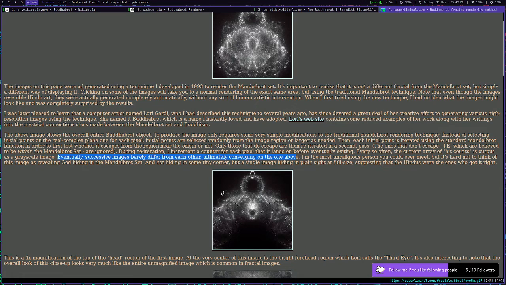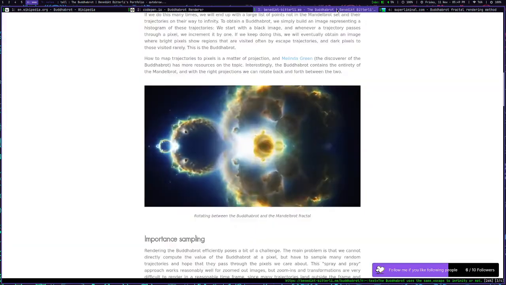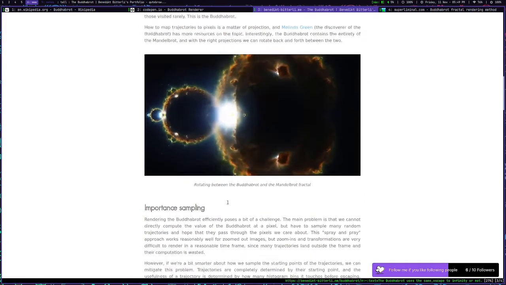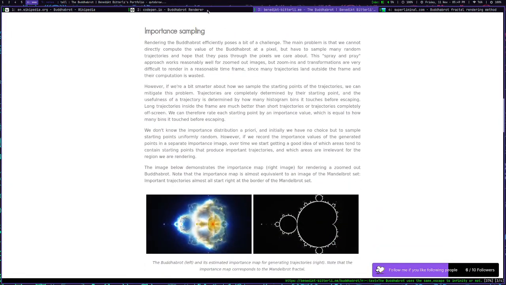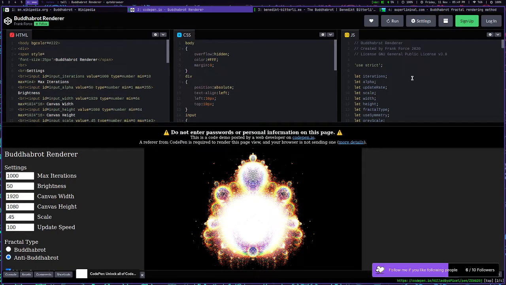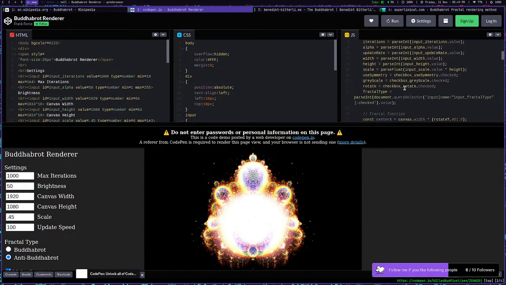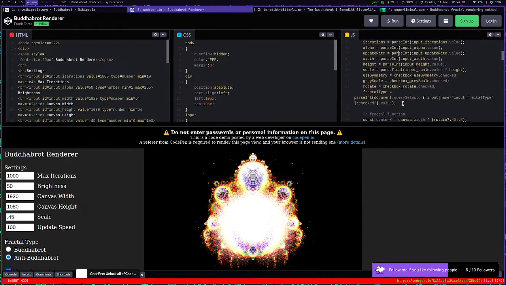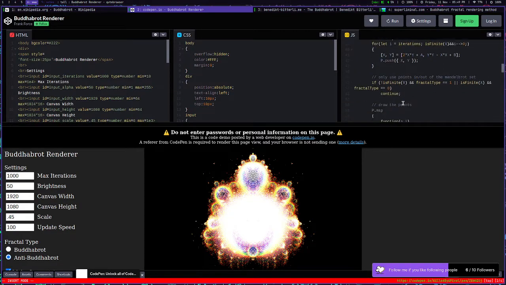So not sure if that's an important bit that we're ignoring here. Anyways, let's look at something else. We had this importance sampling, which I don't understand. It goes above my head. Not smart enough to do this.